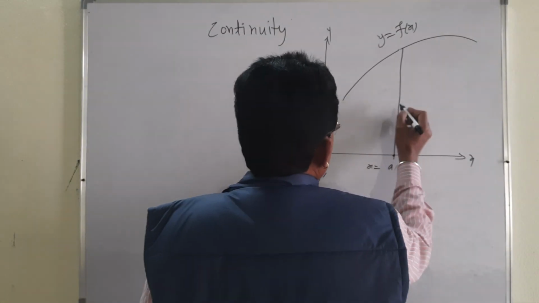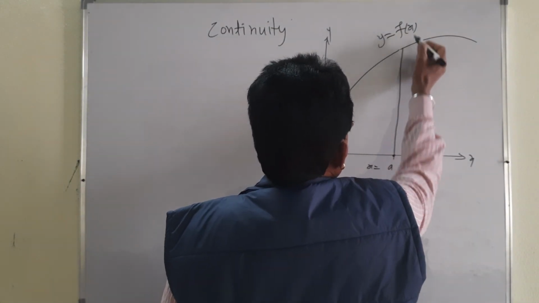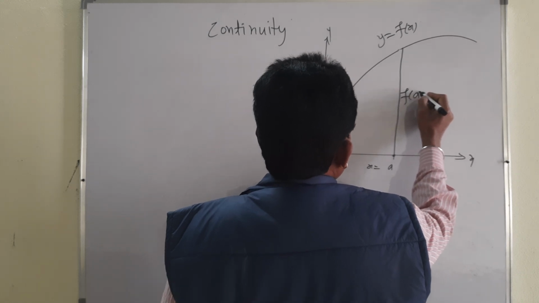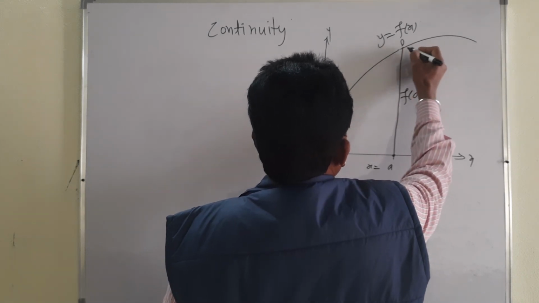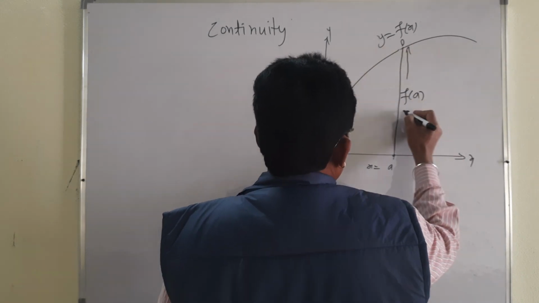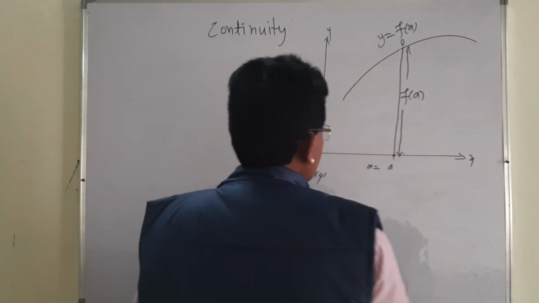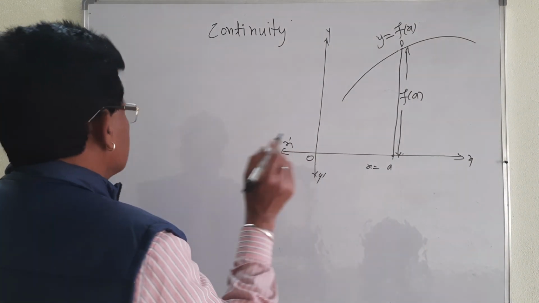In place of x, it will be A. That is why its value will be f(a). From this point, suppose this is point B, up to here it will be f(a), and the function will be continuous.